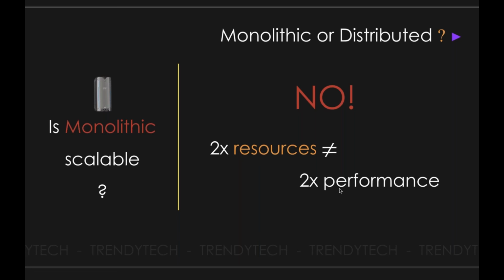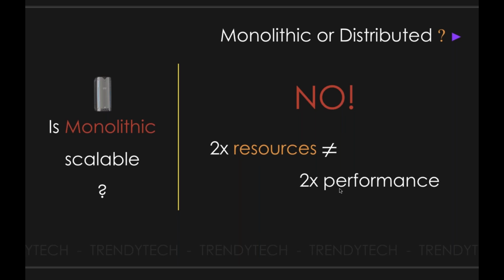Let's say you double the resources, the performance might be 1.5 times. That means even though you are adding more and more resources, the performance is not growing accordingly. That means it is not utilizing your resources efficiently, or it is wasting some of your resources. That is why we say that monolithic cannot scale after a certain point.